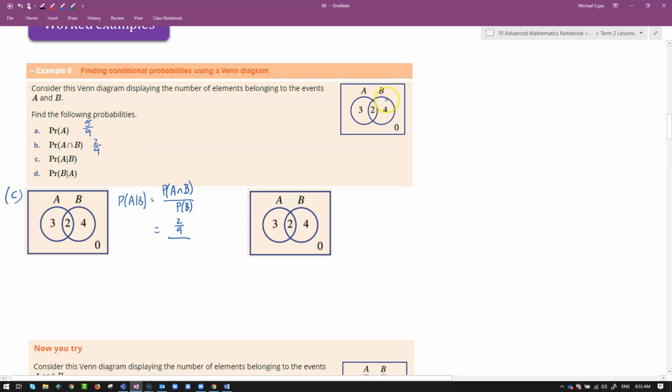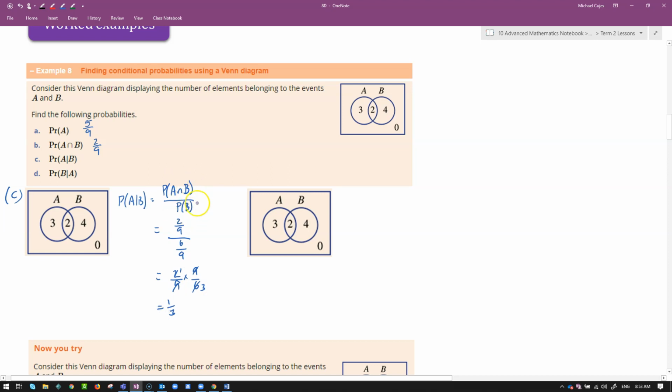And the probability of B, let's check, there are 2, 3, 4, 5, 6 out of 9 there. So 2 out of 9 divided by 6 over 9, 2 ninths multiplied by 9 over 6. Bit of cancelling here, and we are going to get 1/3.